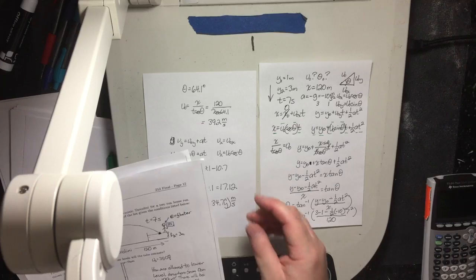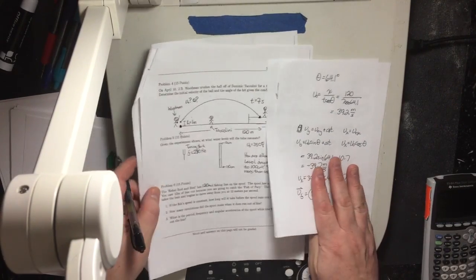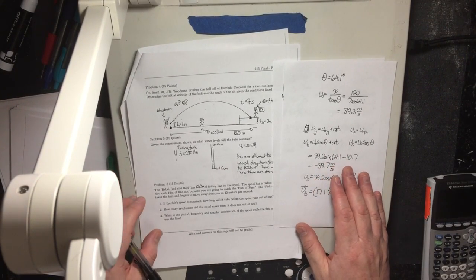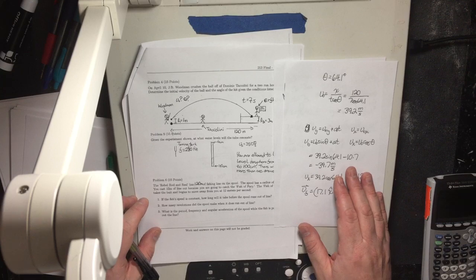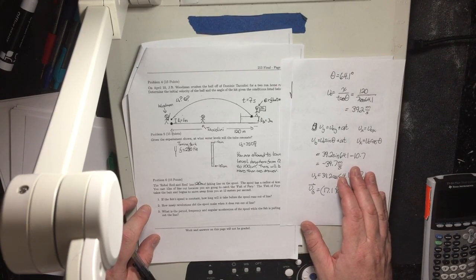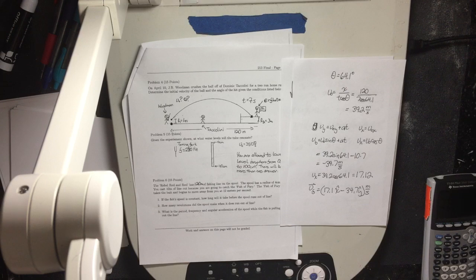Okay, number 5. Given the experiment shown, at what levels will the tube resonate? The velocity of sound is 350 meters per second. Your tuning fork is 280 hertz.